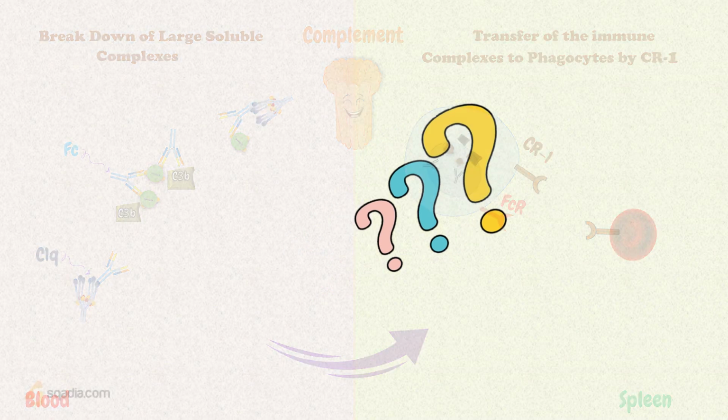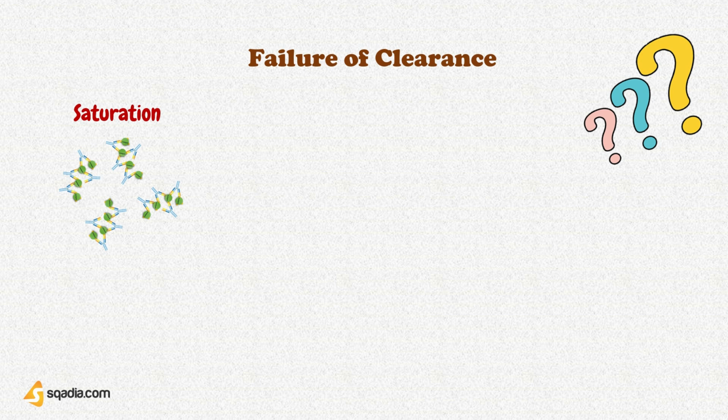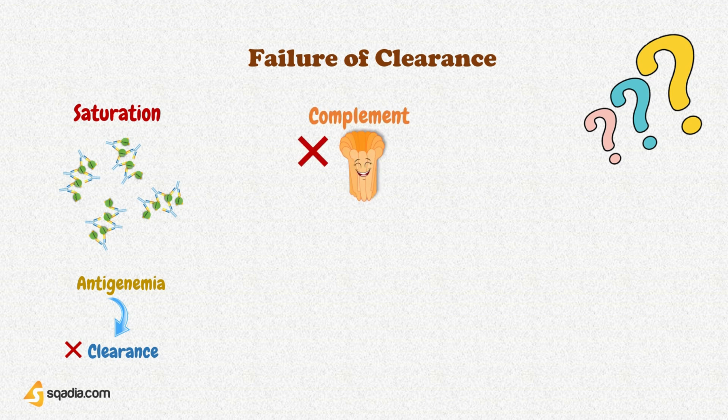Now, what causes the failure of these clearance mechanisms? We know that excess of everything is bad. So, obviously, these mechanisms can be saturated in some situations, where there is excessive, ongoing production of immune complexes, like in antigenemia resulting from chronic infection, and hence, no more clearance occurs.